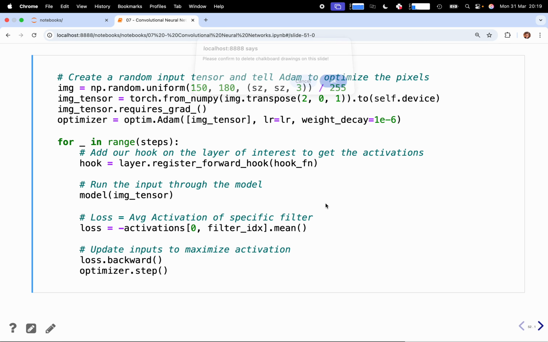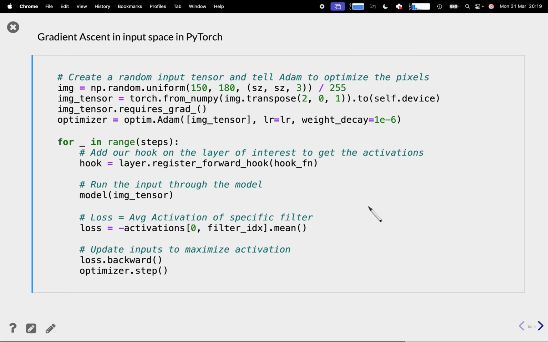So if that's not clear, what we're doing actually is we take all the activations, because a layer has a lot of filters, we can only attach a hook to a layer, but we only want to measure activation for a particular filter. So if you want filter 16, for instance, we're going to extract the activations of filter 16, right?